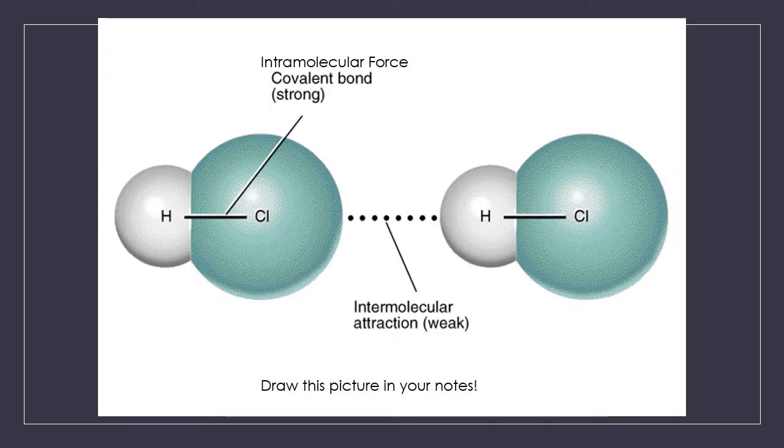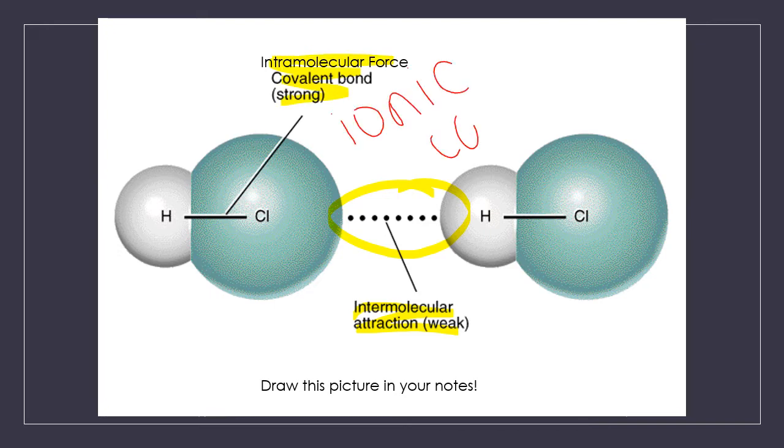And so I just went over this. The intermolecular force is between molecules, and intramolecular forces are inside molecules. So ionic bonds and covalent bonds are both intramolecular forces. Intermolecular forces are the new stuff.